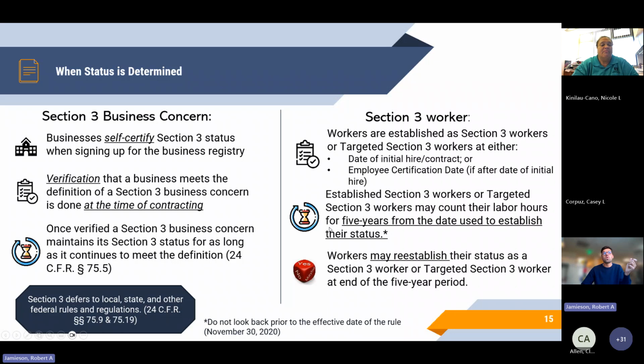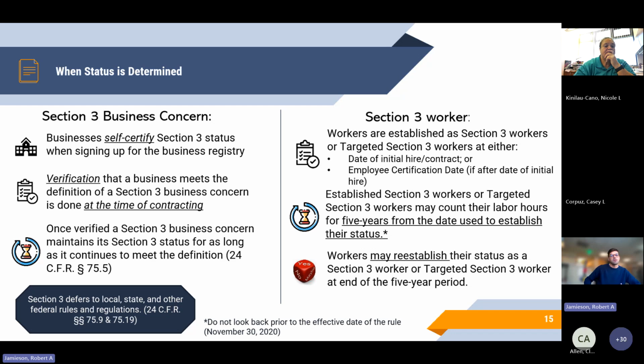For a worker, this is going to be done at one of two times: the date of the initial hire, or the employee certification date, if that's after the initial hire. What's good about this is that while a Section 3 business has to re-verify with each new contract or project, the worker can maintain that status for 5 years from the date used to establish that status.